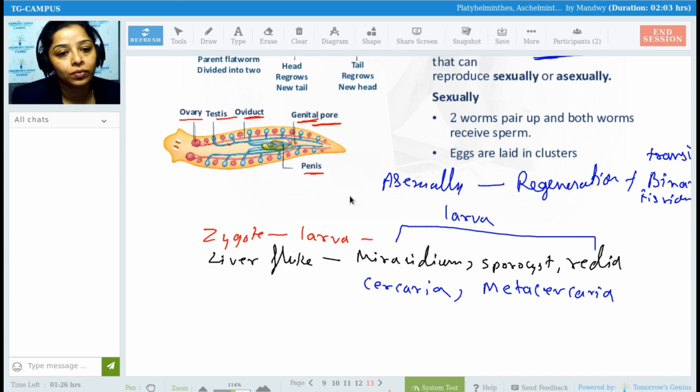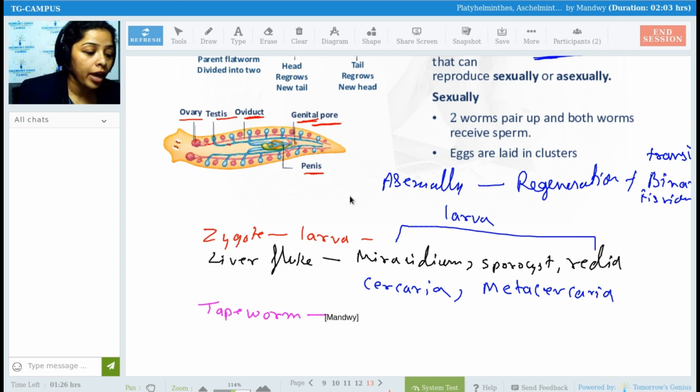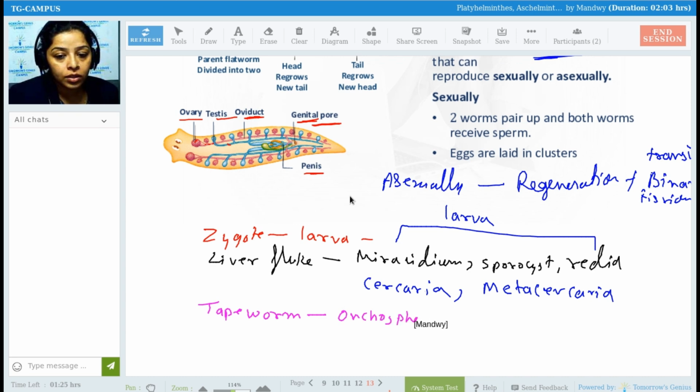Now let's see the tapeworm. They have an oncosphere, then a hexacanth, then cysticercus.